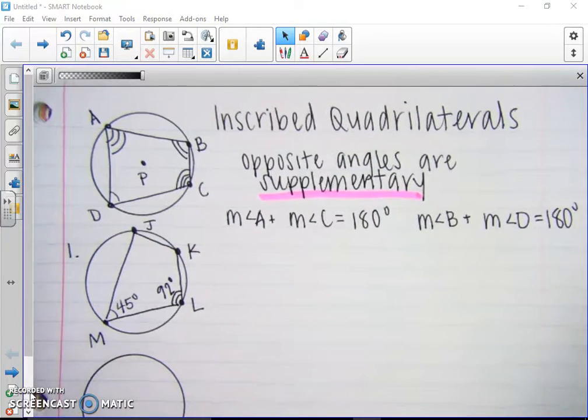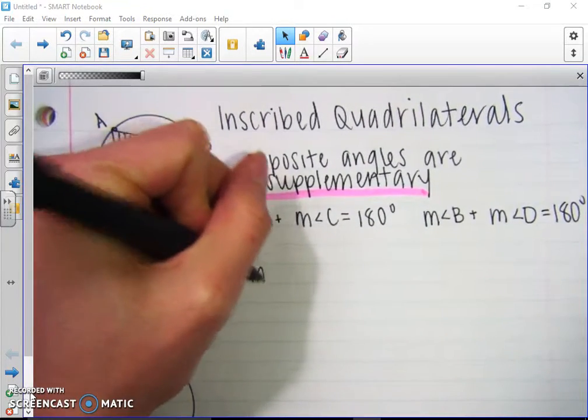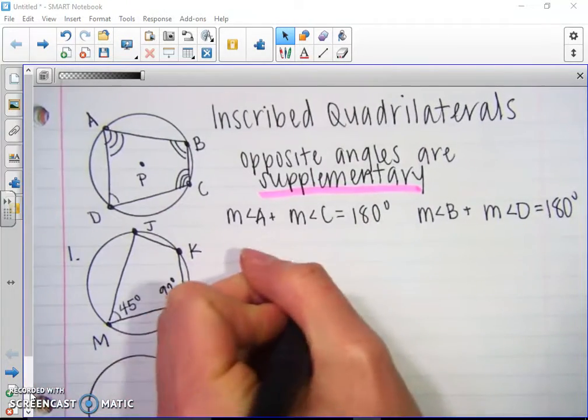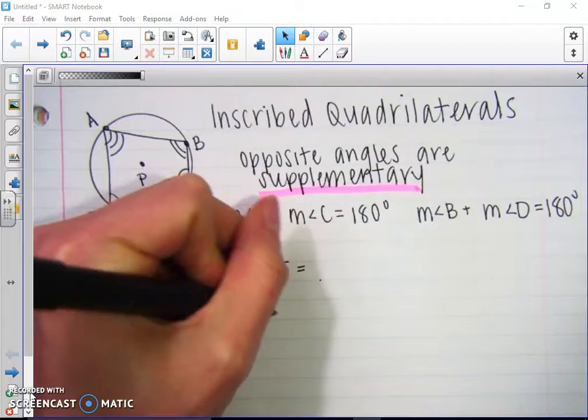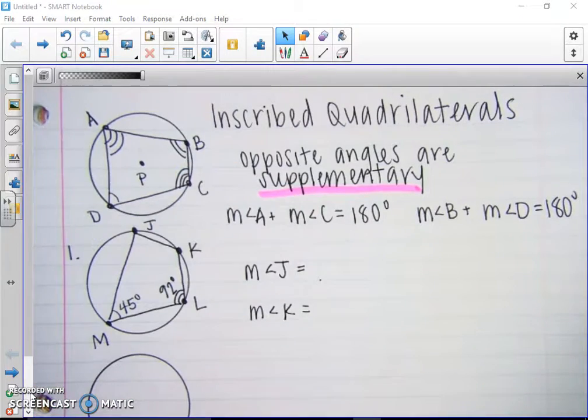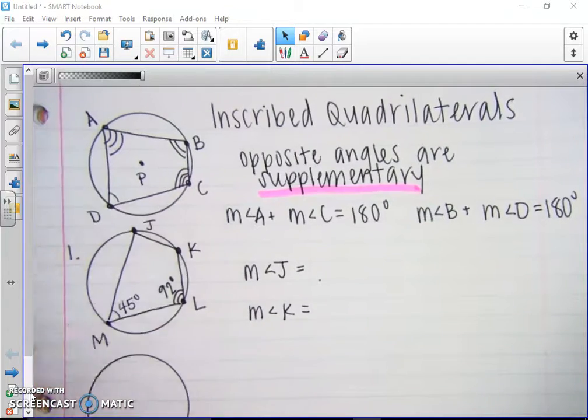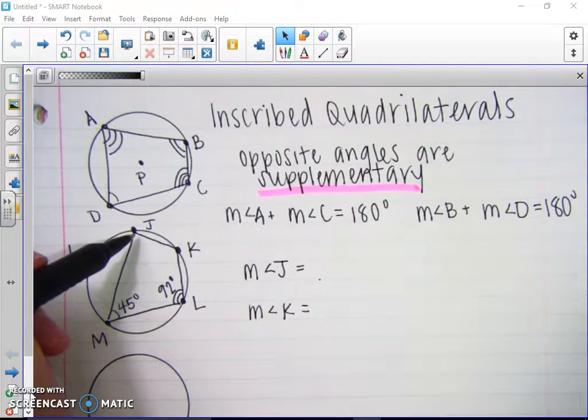My question to you is, how do we find the measure of angle J and the measure of angle K? Well, we just said that opposite angles are supplementary. What angle is opposite J?